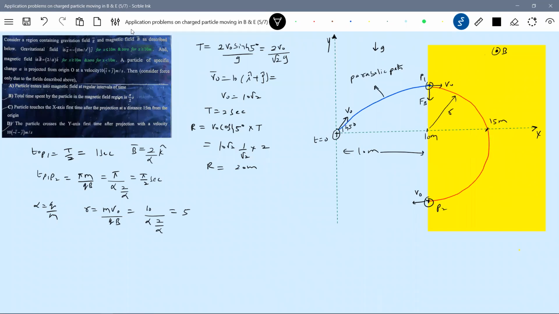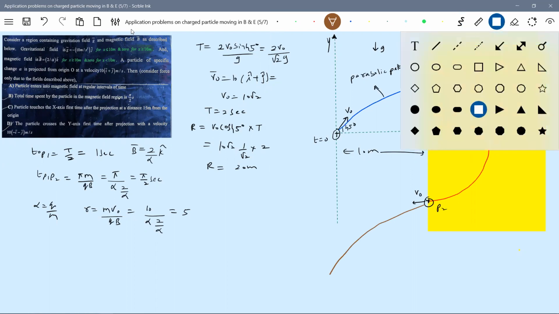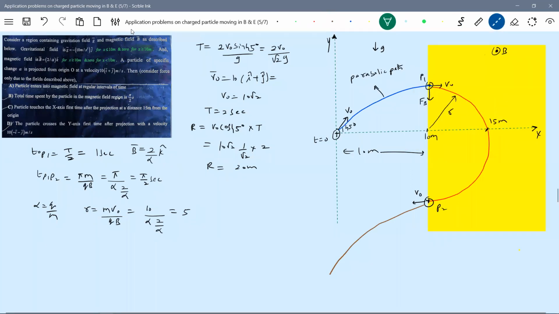The particle crosses the y-axis the first time after projection with a velocity. Why after this? Oh, it is going to move in a path like this. Again, it will come like this. Again, due to the presence of gravity, it is going to describe a parabolic path.